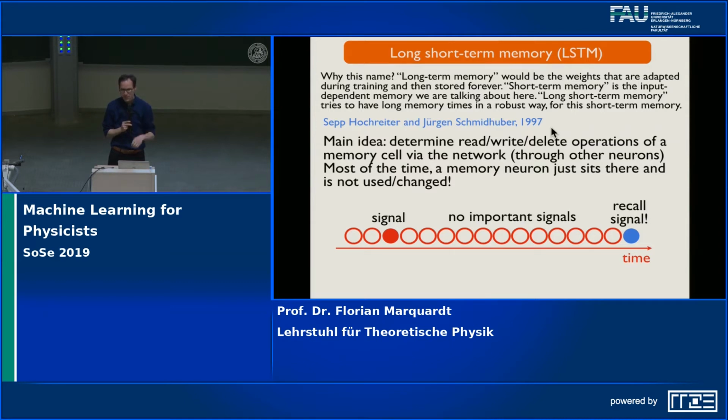For example, only if someone asks you a question about the story that you just heard, that's the time when you really need to read out. During all the other times, you should not access the memory cell. And as we will see in a moment, this really helps with this vanishing or exploding gradient problem.